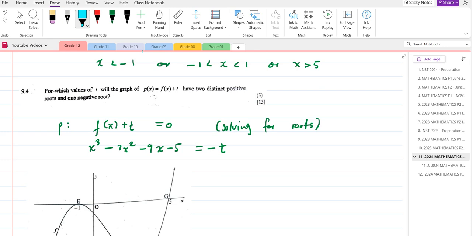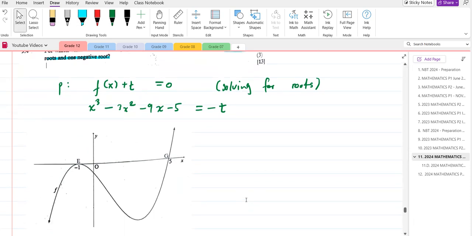We want 2 distinct positive roots and 1 negative root. 2 positive and 1 negative you can only get here. See this y value here, it is -5. So if I cut between this y value and this turning point here, we need the y value of this turning point. We're going to get it just now.